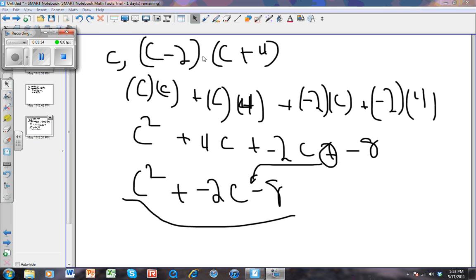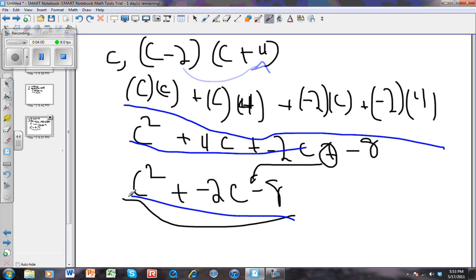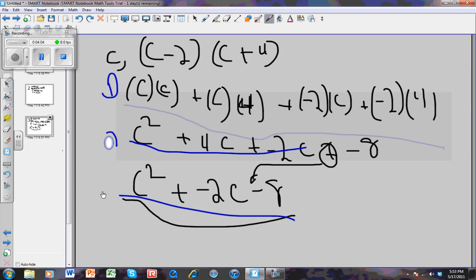Okay, so I don't know what I missed. I don't think I recorded it. But it's C minus 2 and C plus 4. So I just wrote out what I've been doing so far. What I did was C times C, C times 4, negative 2 times C, and negative 2 times 4. Then I expanded this, began simplifying it, and then simplified it further. So there's always like 1, 2, 3 steps that I always take.